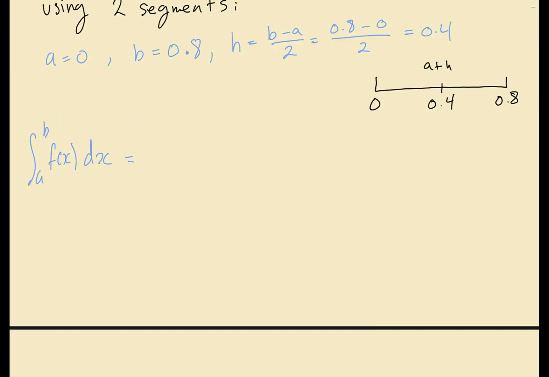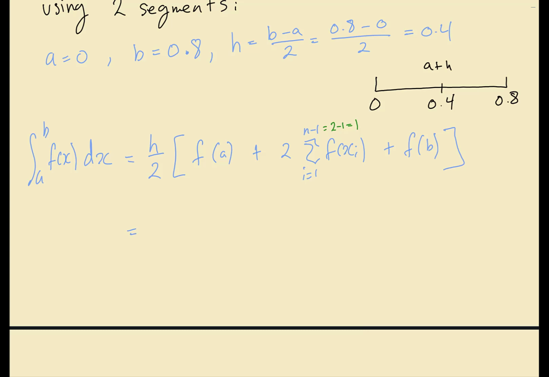So that's equal to h divided by 2 times f of a, plus 2 times the summation from i equals 1 to n minus 1 of f of xi, plus f of b. Since we have n minus 1, and the segments is 2, so 2 minus 1, we would only have one term in this summation.